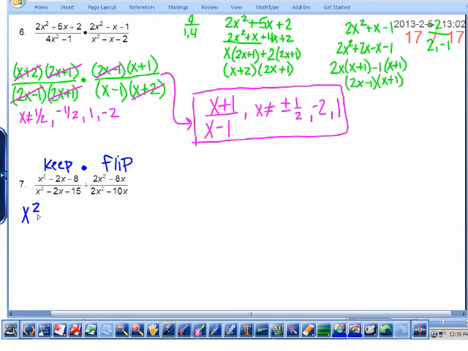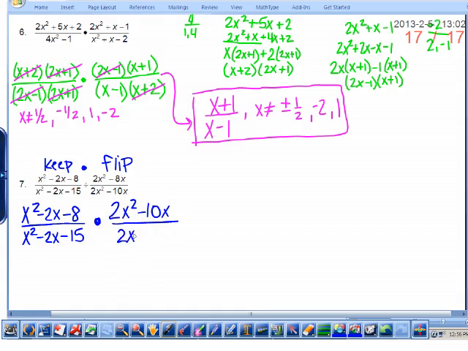So we keep the first, change division to multiplication, and then flip the second. All right, will you please take a second and get everything as factored as it possibly can be?